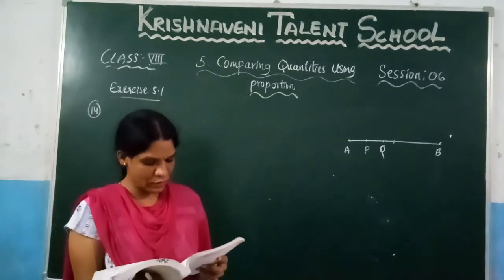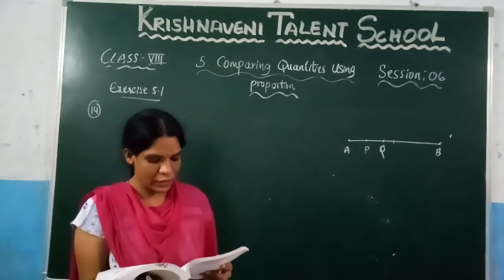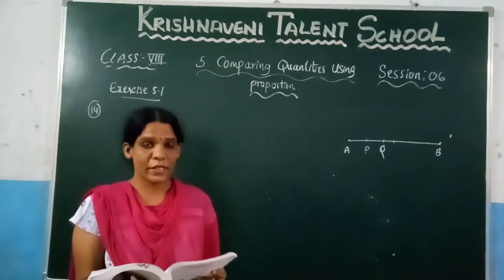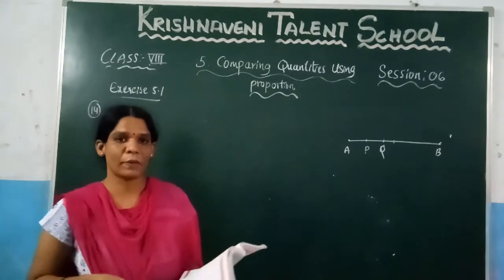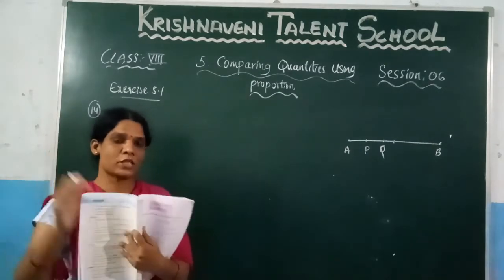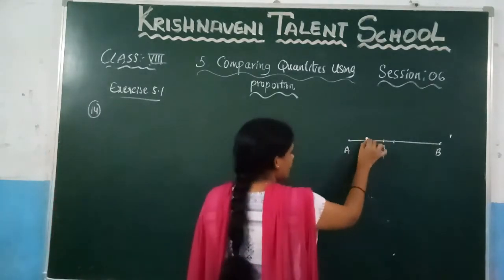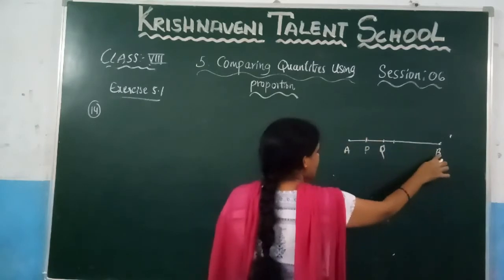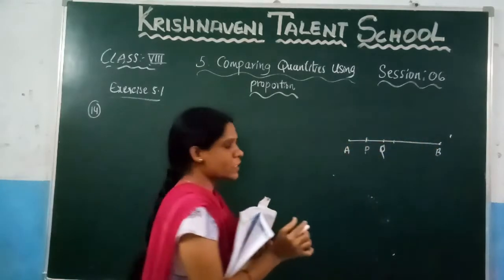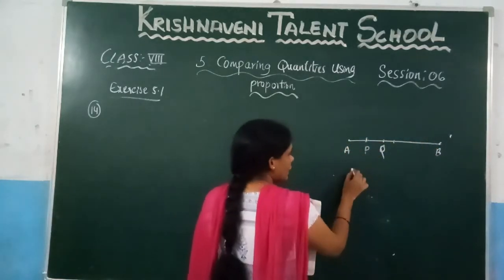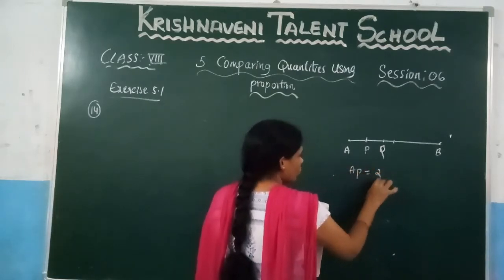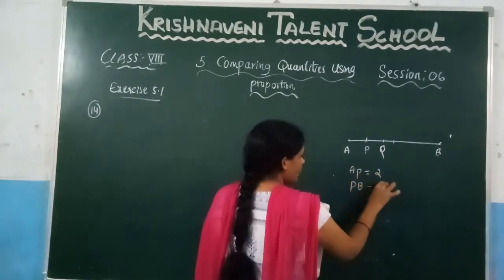After that, what they have given here, P divides AB in the ratio of 2:3. Here, P is there. This P is dividing this line segment in the ratio of 2:3. That means they have given here the AP length is 2 and PB length is 3.